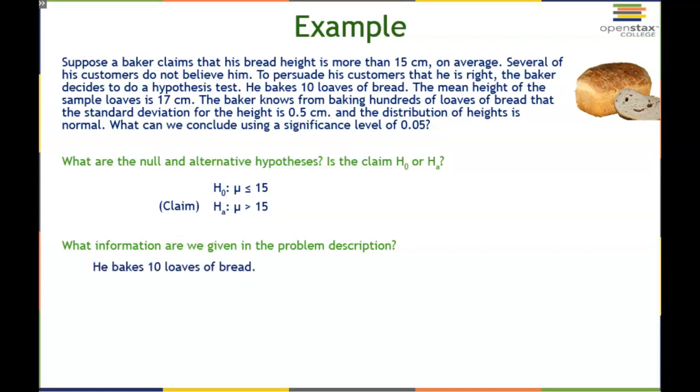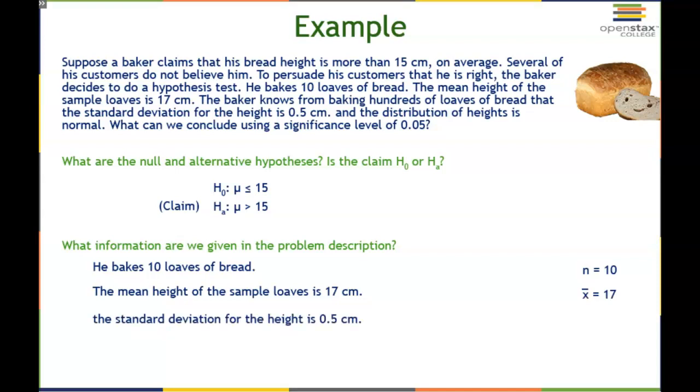What other information are we given in the problem description? He bakes 10 loaves of bread. That is our sample size, so n equals 10. The mean heights of the sample loaves is 17 centimeters. Well, the mean is our x bar of our sample, so x bar equals 17. And the standard deviation for the heights is 0.5.